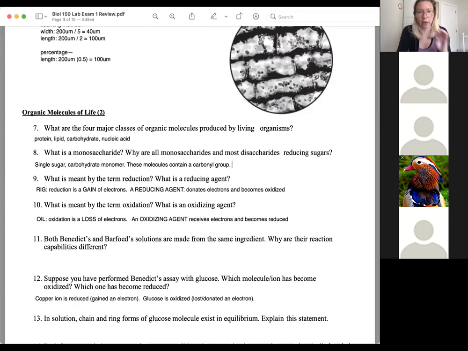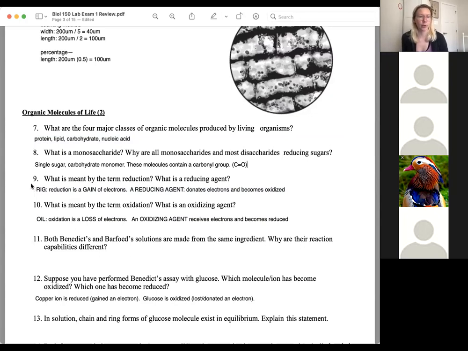And just as a reminder, that carbonyl group is a C double bond O. So it's the carbonyl group that gives these molecules the ability to act as reducing agents. And I'm realizing now that these answers are left over from the last time I did a review session.